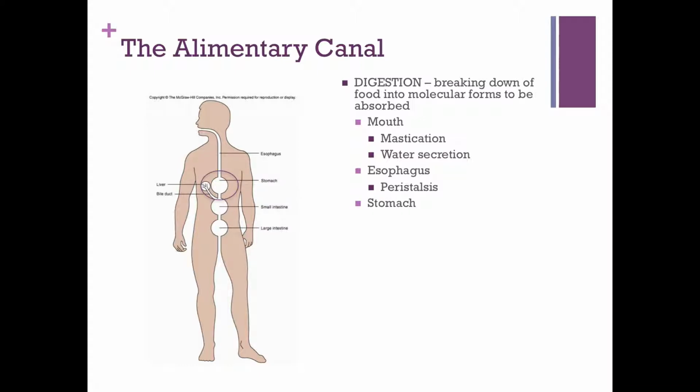Then we get down to the stomach, and the stomach is going to have components of both mechanical and chemical digestion. The stomach does secrete a large amount of acid. Hydrochloric acid is a very low pH acid, which is very good for breaking down plant cell walls, like vegetables and fruits. And then there is another acid called pepsin, and pepsin helps to break down proteins.